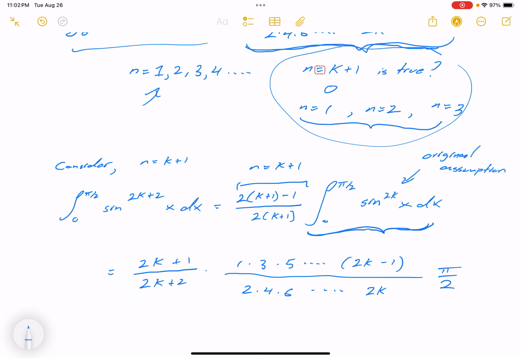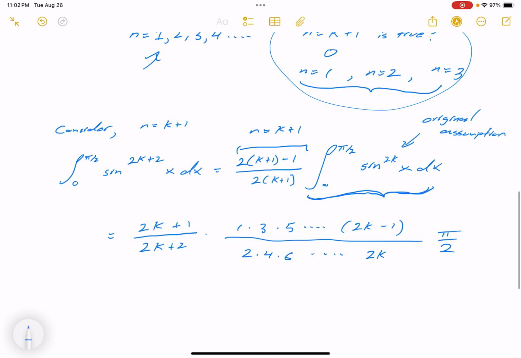Okay, so now just multiply across. But before you do, when we multiply across, try and keep it in this format, and you'll see why pretty soon. This is just to simplify things, for the sake of simplicity and for it to look good.